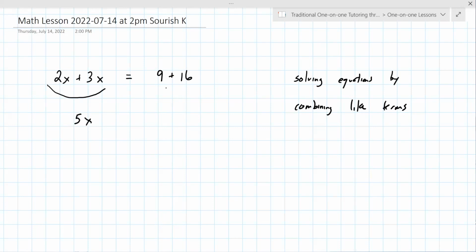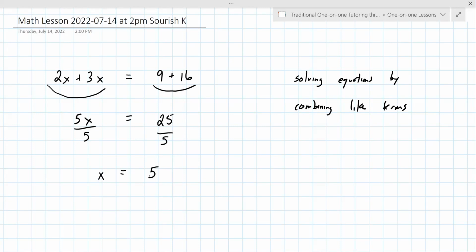And how about 9 plus 16? 25. So we divide both sides by 5, and x equals 5.